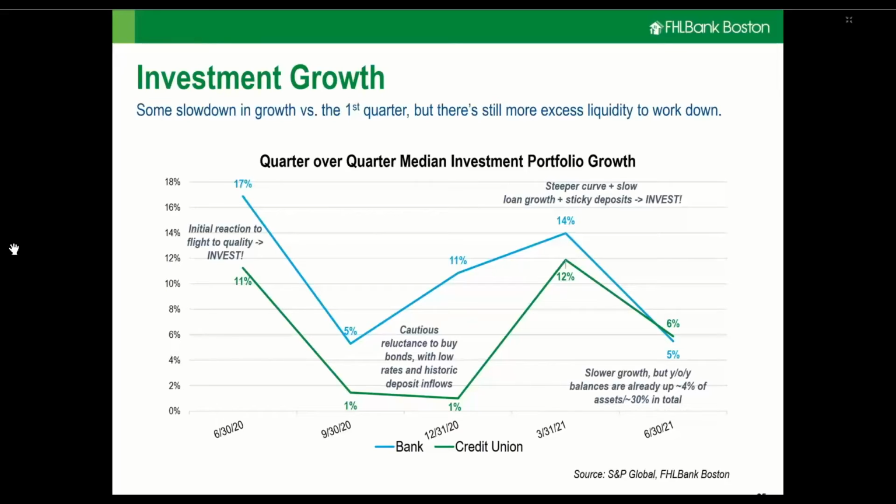So many banks and credit unions who were sitting on the sidelines with an awful lot of excess cash were able to deploy those at very attractive rates, and hence that growth in investment portfolio activity in the period.